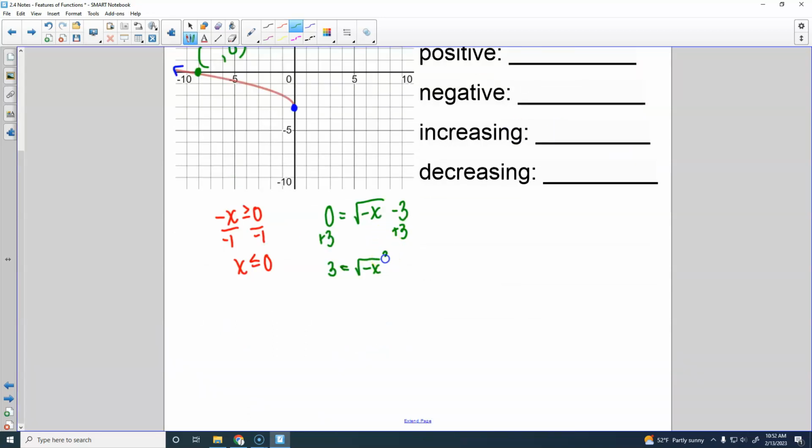I can square both sides, so 9 will equal negative x, and then I would divide by negative 1, so negative 9 would equal x. The graph is misleading. It looks like it crosses at 10 or closer to 10, but it should be negative 9 for that.